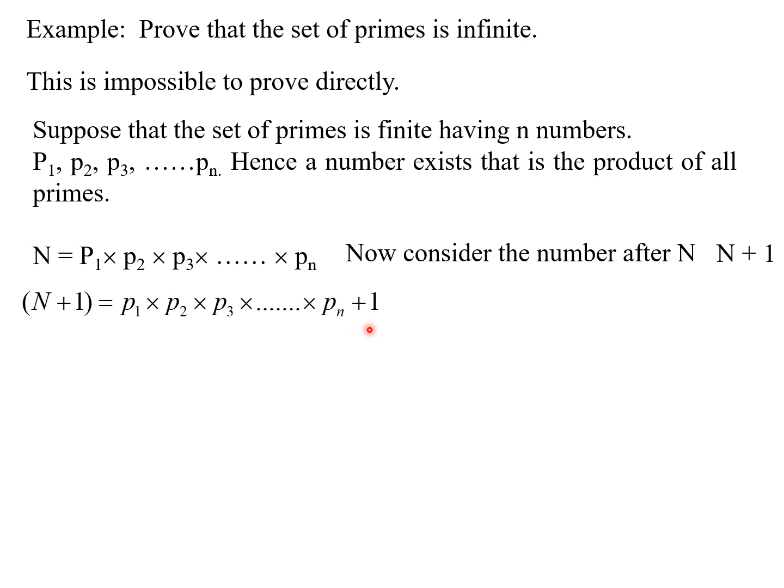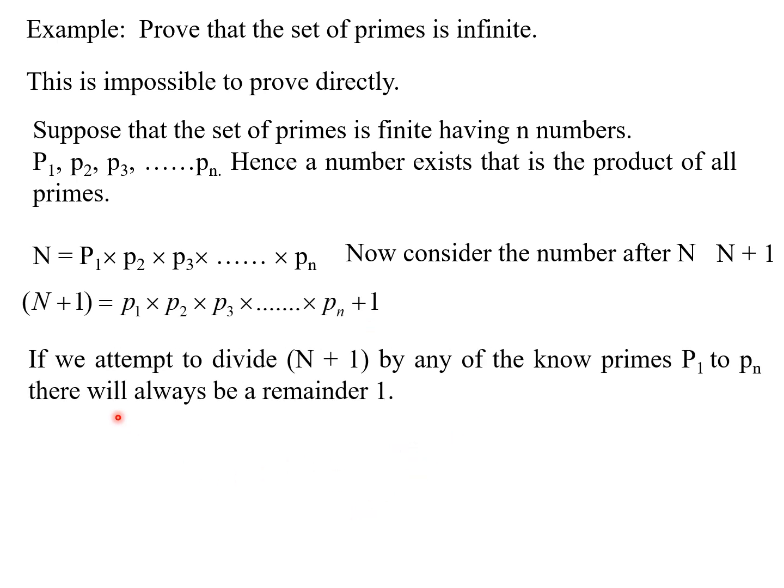So if we attempt to divide this number, the product plus 1, by any of the known primes between P1 and Pn, obviously you will have a remainder of 1 always, okay?